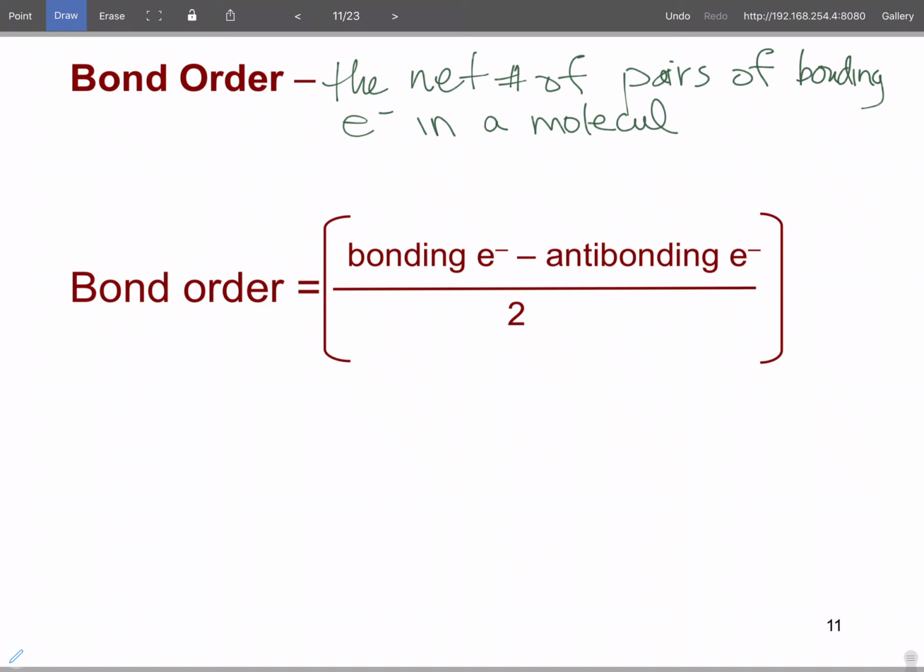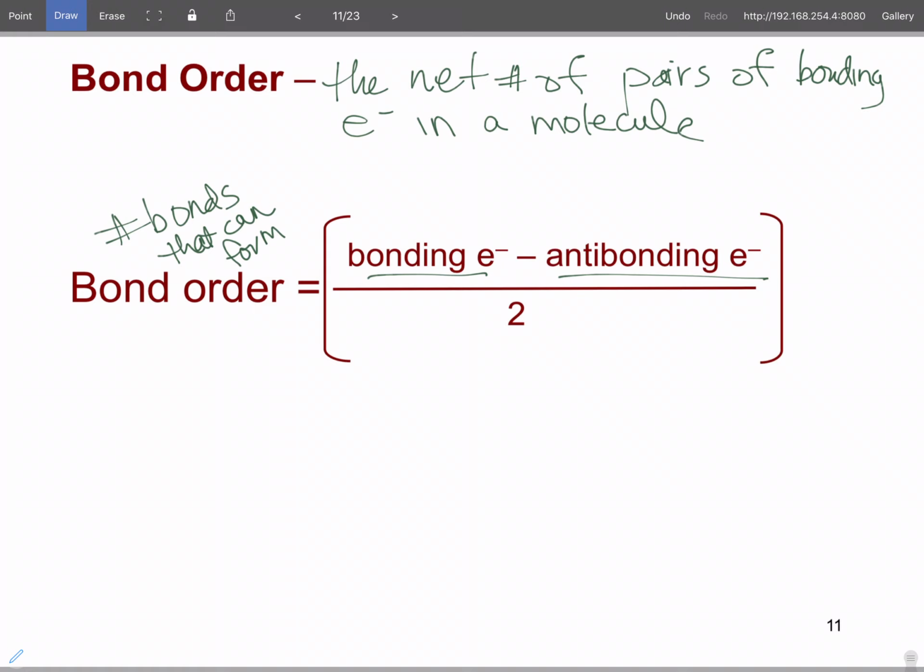So the net effect is that the bond order tells you the number of bonds that can form. And this is actually pretty cool because this tells you whether a molecule will form. And it's actually really simple. You count the number of bonding electrons, you subtract the antibonding electrons, and you divide it by 2.